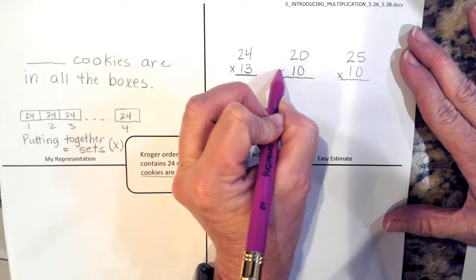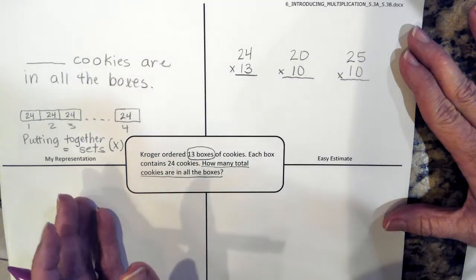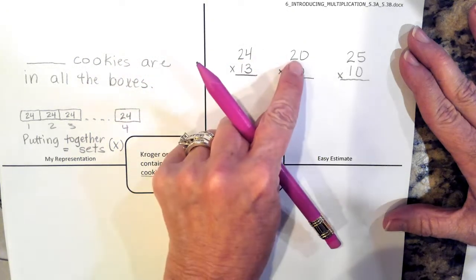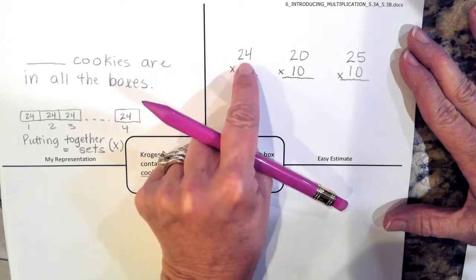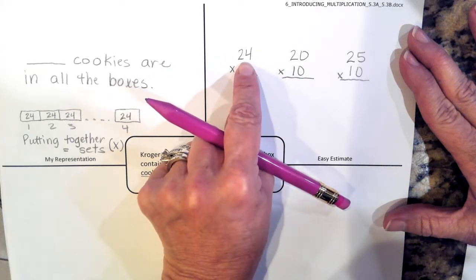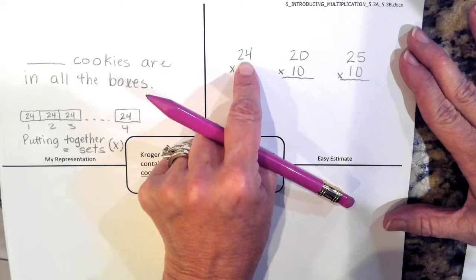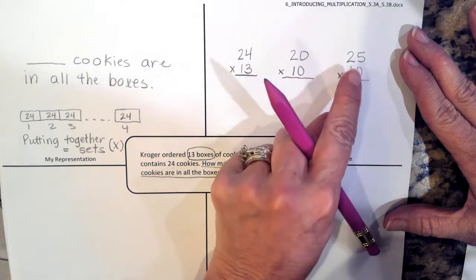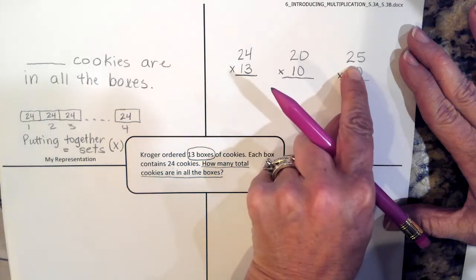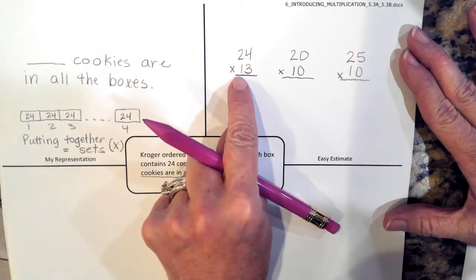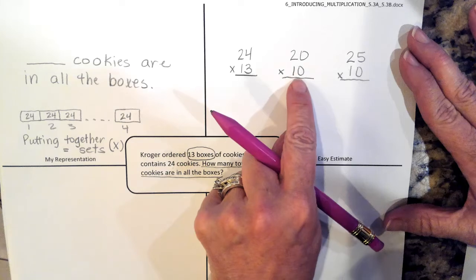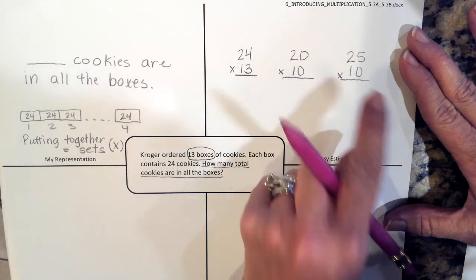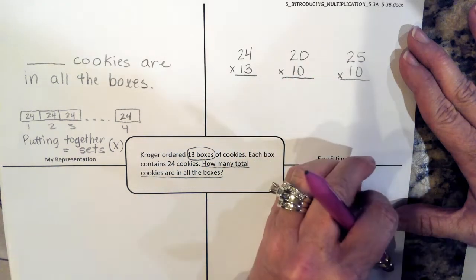Now just looking at this without even multiplying, I know that these are going to be low estimates. They're low estimates because I went from 24 down to 20. And even though I did go up to 25 over here, I'm still taking the number 13 and making that only 10. So these estimates will be low estimates.